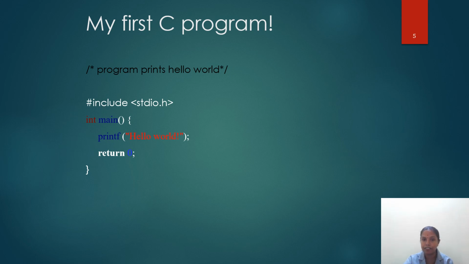The main function is available. It is the starting point of the executable part, and printf is used to print whatever is inside the double quotation marks. Since the return type is the integer data type, it will return 0. The output is Hello World.